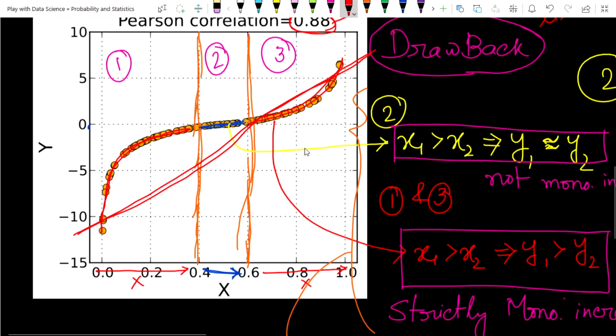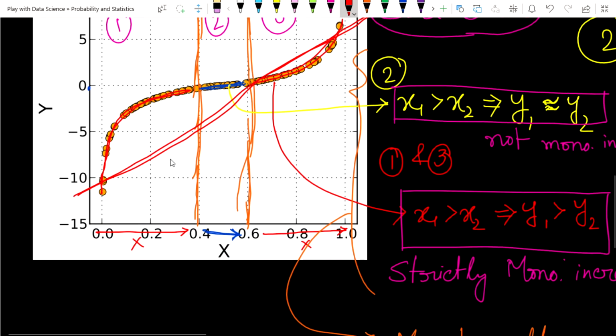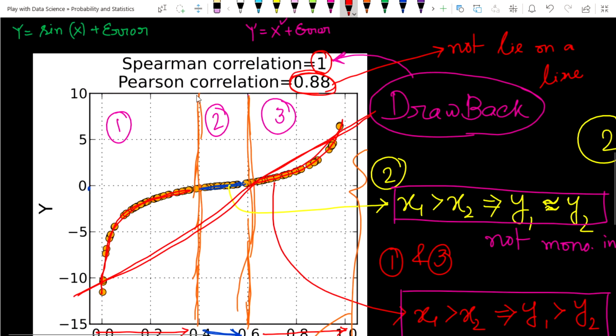We can easily conclude that. First, you have to calculate the Pearson correlation coefficient value. Then by seeing this value, we can conclude that these things are not lying on a line. But by using the Spearman correlation value 1, we can conclude that it's a monotonically increasing curve.